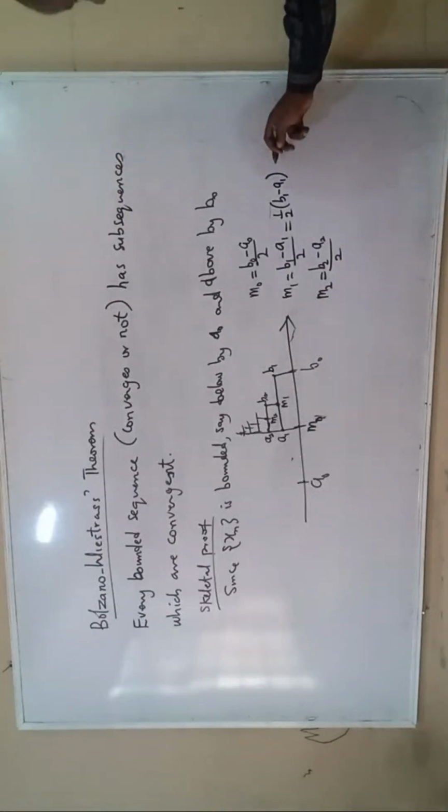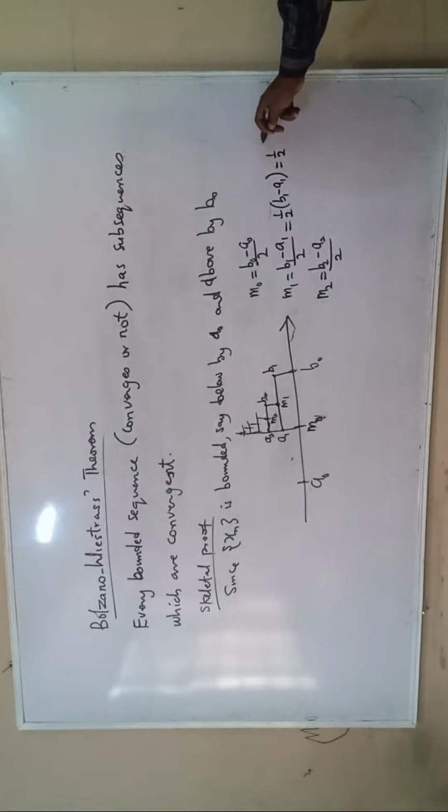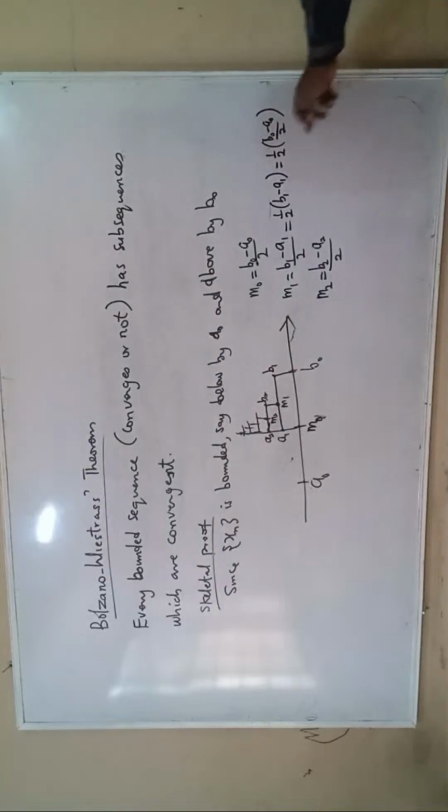That means you can further express this as 1 over 2 into B naught minus A naught over 2.